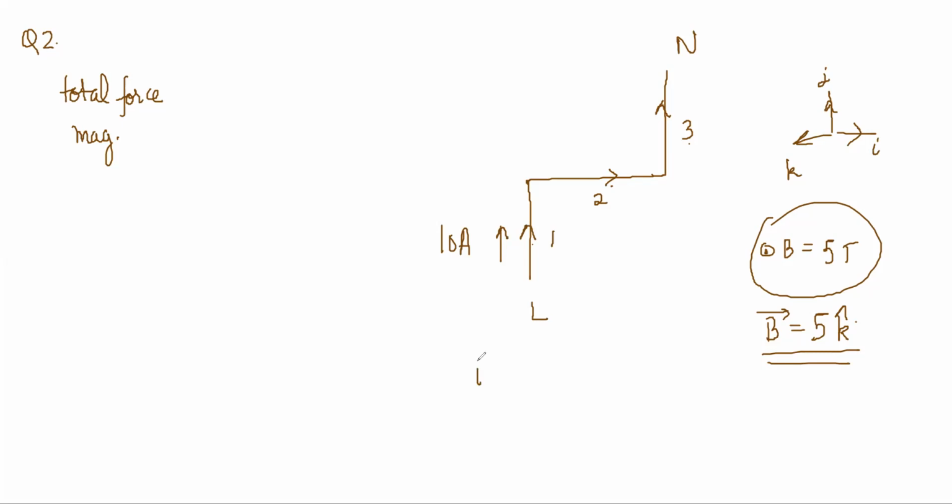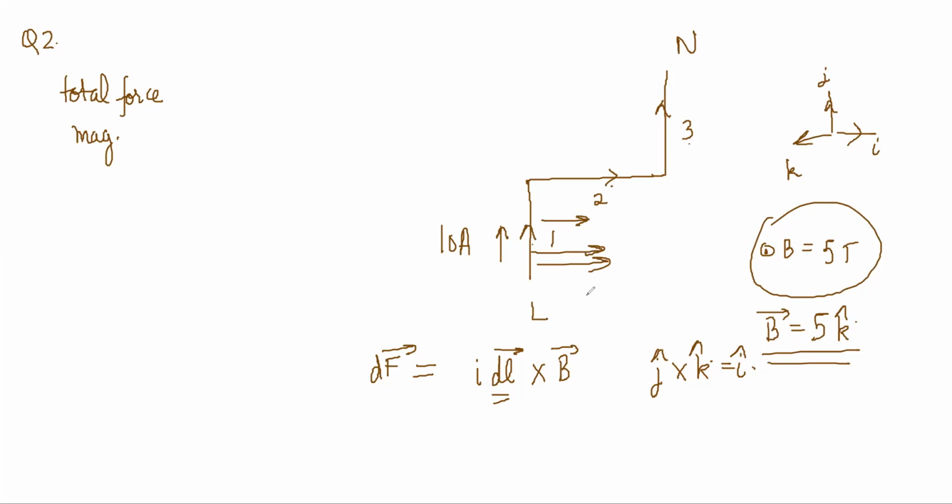So I dl cross B is the dF, right? But dl is in the plus j direction. So the direction is going to be j cross k, which is equal to i cap, right? So force will be in this direction on this section, and total force would be integral of this, which will be ILB in magnitude.